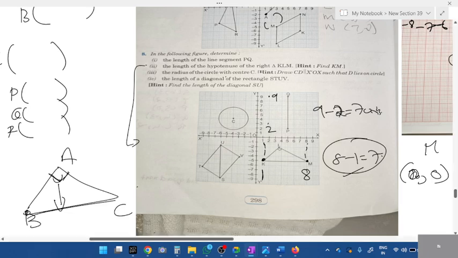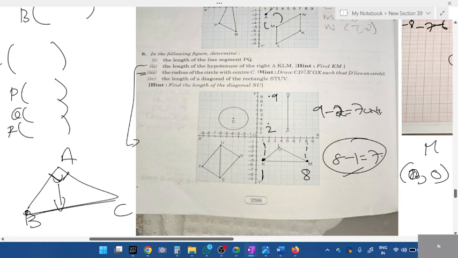Next one. The radius of the circle with center C. Third question, I'm doing the third one, students.